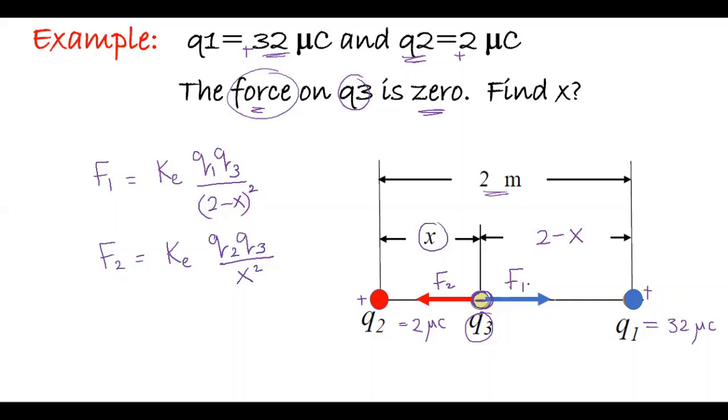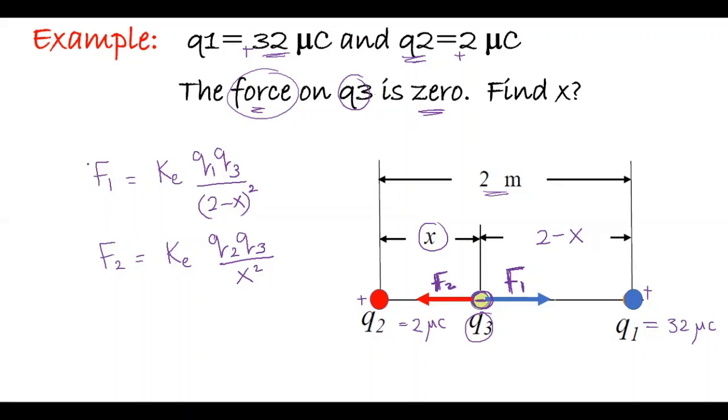Now, to use what is given, that the force on the charge equals 0. We have two charges acting on this charge, and the total force is to be 0. We have two requirements. The two forces should be opposite in direction, and this is already seen from the drawing. And they should be equal in magnitude to give a total force of 0.